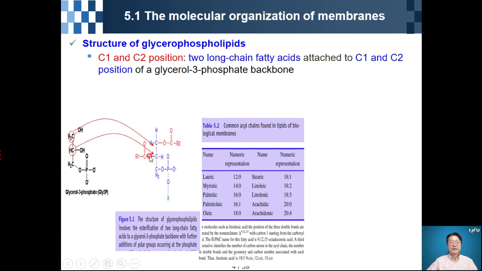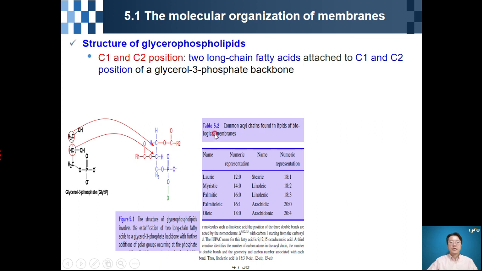First they remove OH, after that they will add the fatty acid. We call this structure the acyl group, the acyl chain. The R2 has the long chain, so in this case we call it an acyl chain.